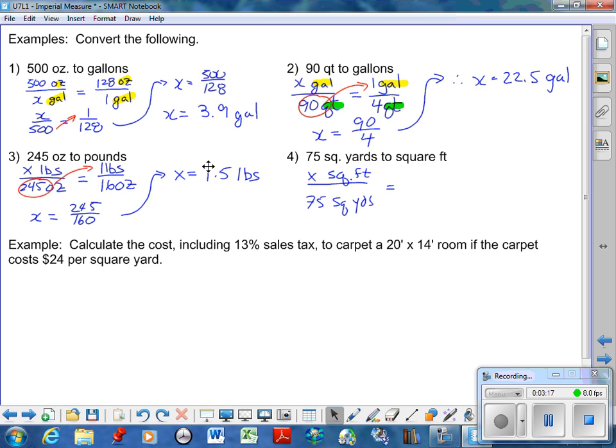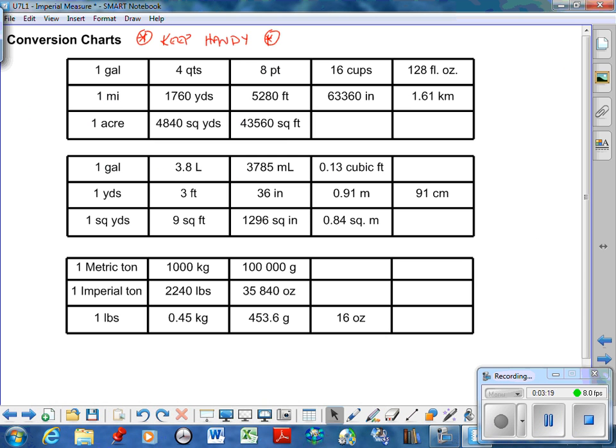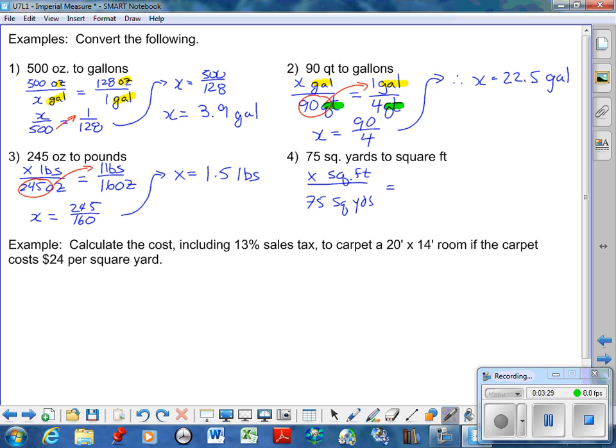So we're looking for square feet and square yards. So area was right there. 1 square yard is 9 square feet. So feet on top. So 9 square feet in 1 square yard. So doing the partial cross multiply, we do 75 times 9.